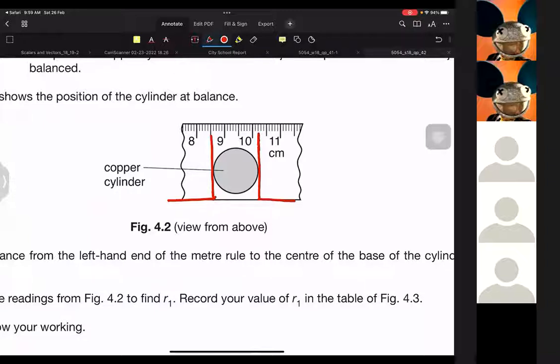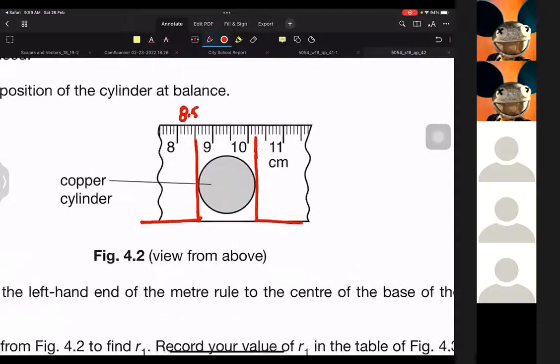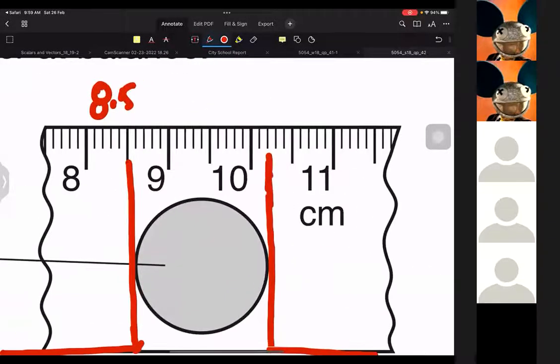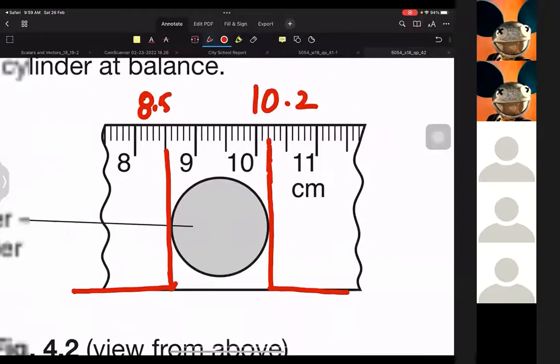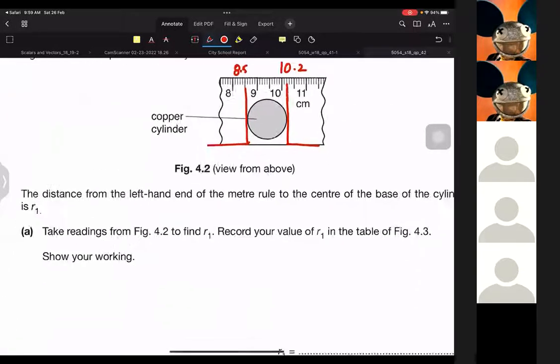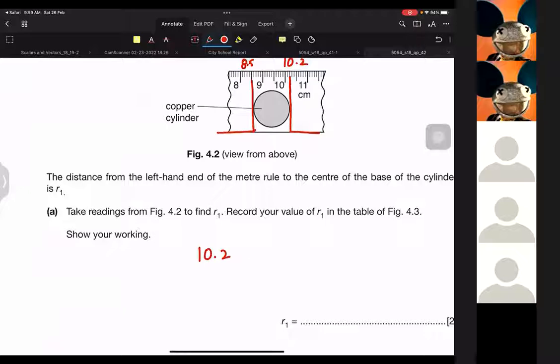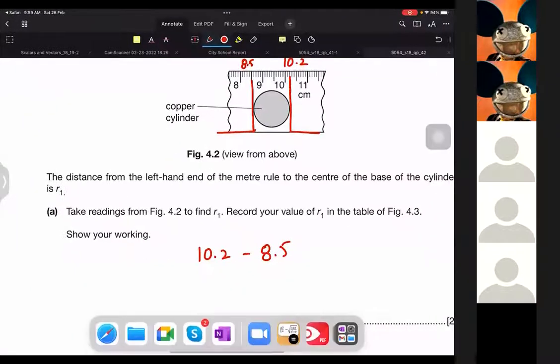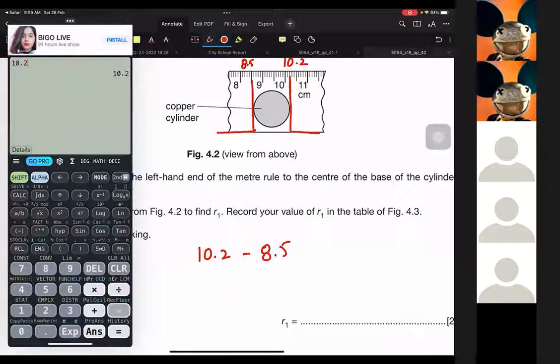Right now, for me, it is 8.5, right? And I've done it just from my hands, so you might get a different reading. And I think this will be this one, which I believe is 10.2. So what you then do is subtract these two. 10.2 minus 8.5 is just 1.7.